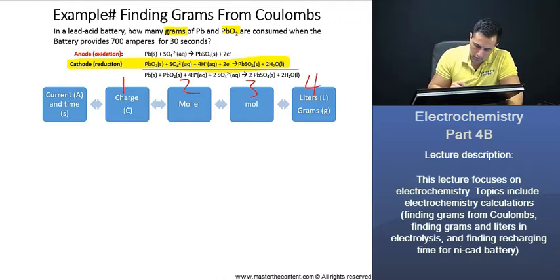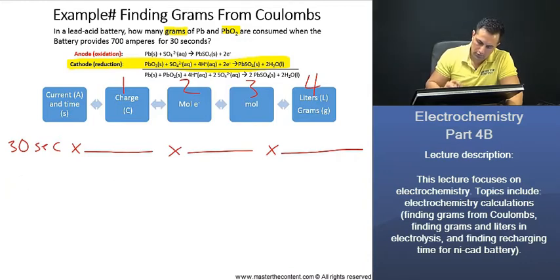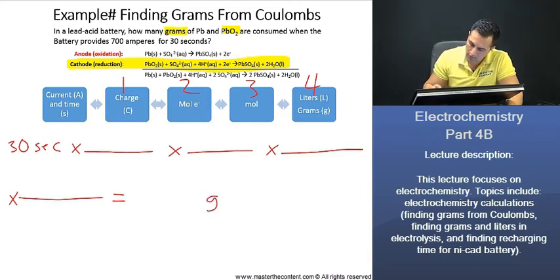All right, let's begin here with the 30 seconds that we're being given. We're going to have to make 1 conversion there, then another one, then a third one, and then our final conversion to get into grams. And what is that going to give us? Well, that's going to give us our grams for our lead oxide. And there we are.